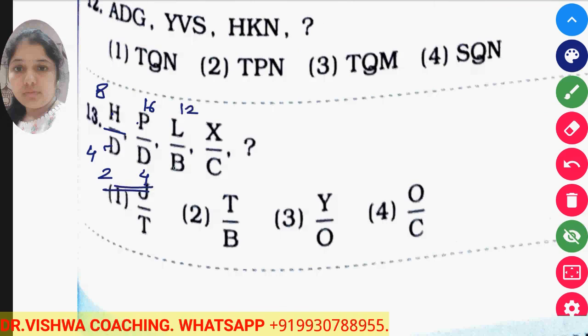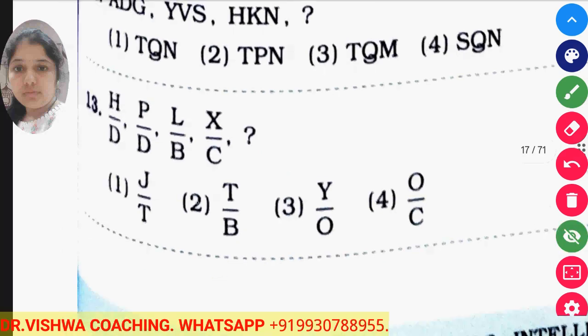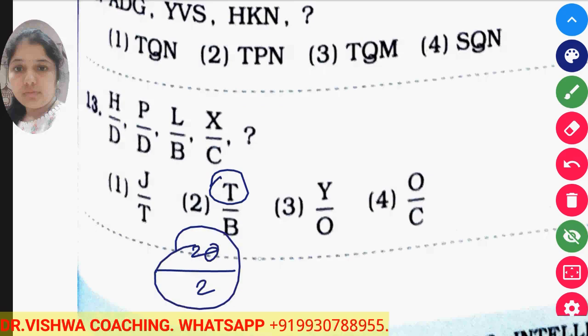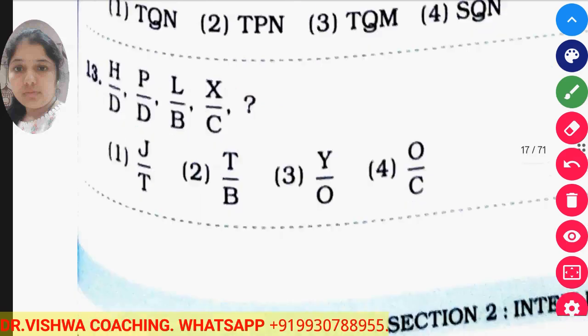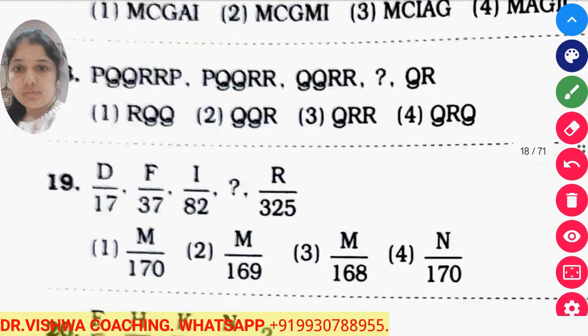L is at 12th position, B is at 2nd position, so if we do the division, we get the answer as 6. 2, 4, 6, 8. Now the next fraction shows the answer as 10. So think which option will be there. So if you look carefully, T is at 20th position and B is at 2nd position. So if we divide 20 by 2, we get the answer as 10. So our correct option is option number 2, T upon B.